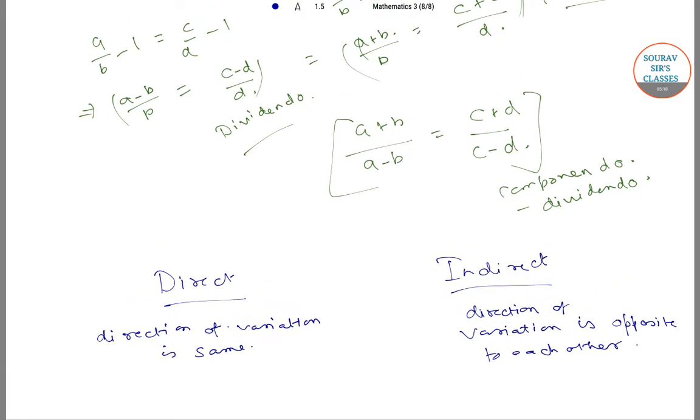For example, in time, speed and distance, distance is directly proportional to speed. That is, when we increase the speed, the distance covered will also increase, and time is inversely proportional to speed. That is, when the speed increases, the time taken would be less.